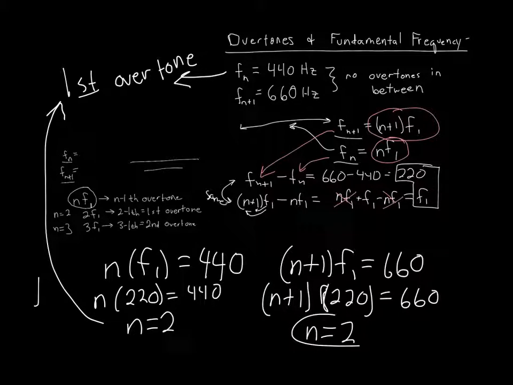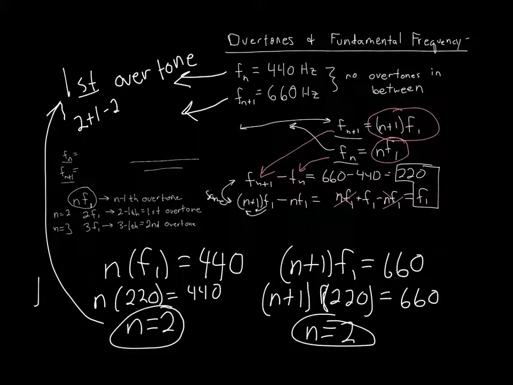That shouldn't come as a surprise. We already found that using the previous overtone. And then I know that this f sub n plus 1 is going to be the 2 plus 1. Again, subtract off that 1 to find out which number of the overtone it is. And we get 2 plus 1 minus 1 equals the second overtone, which shouldn't surprise us one bit.